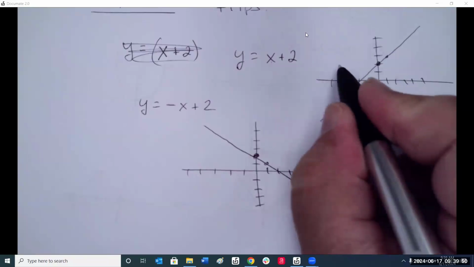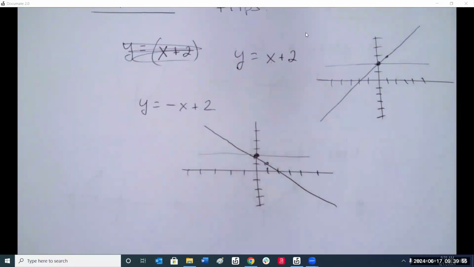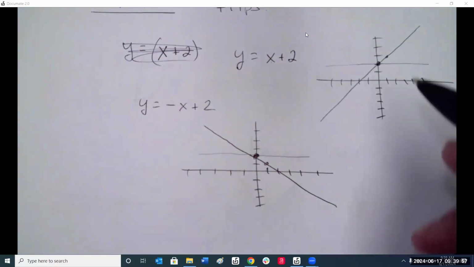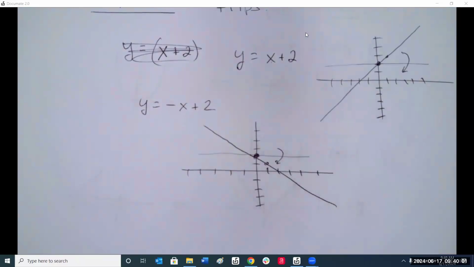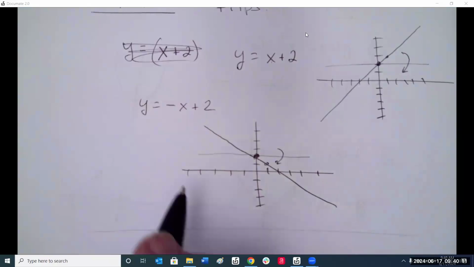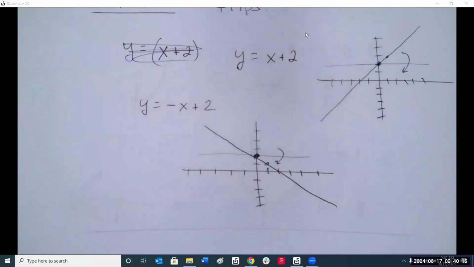Because what we did, here's our new origin. We shifted up 2 spaces. Then what we did, we flipped across the x-axis, the new x-axis. So this negative happened outside of X.